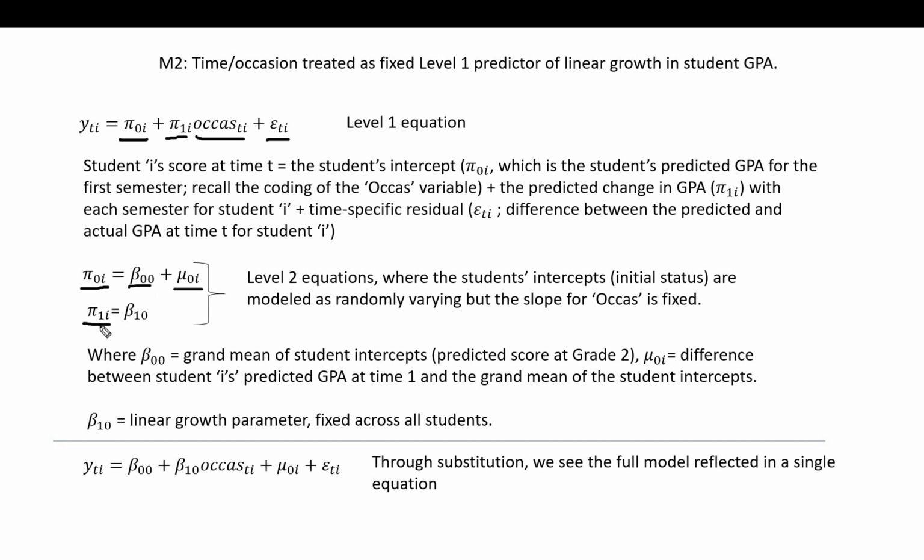Then this next equation right here, the pi 1i, is equal to beta 10, which is essentially just the fixed effect for occasion. And so you could think about this as the grand mean across students with respect to the relationship between occasion and student GPAs. So if we were to substitute these level 2 equations into the level 1 equation, we would end up with this combined equation right here.